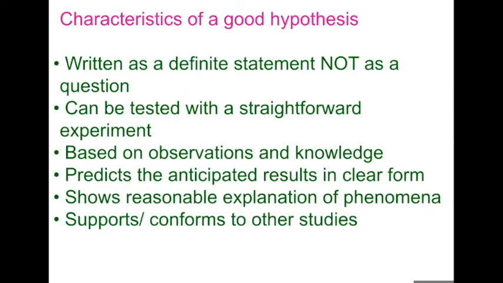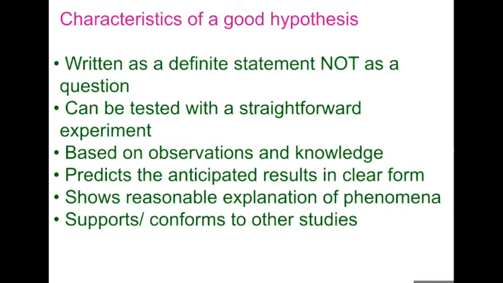Okay. So characteristics of a good hypothesis: it should be written as a definitive statement, not as a question. It should be tested or can be tested using an experiment. It can be observed. Okay, it is based on observations and knowledge.